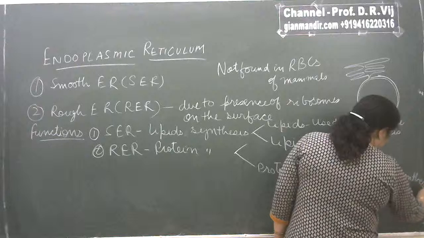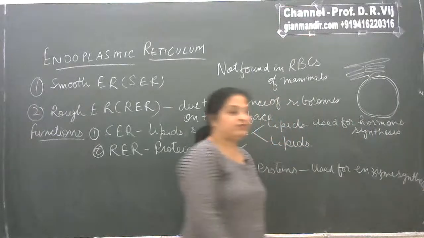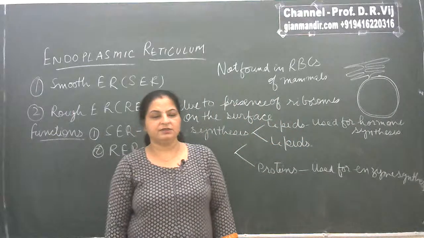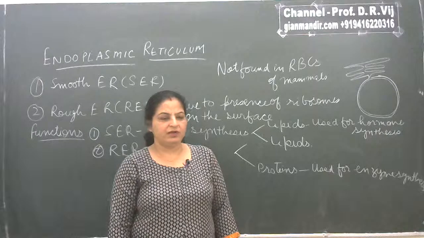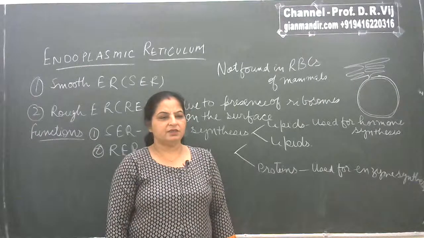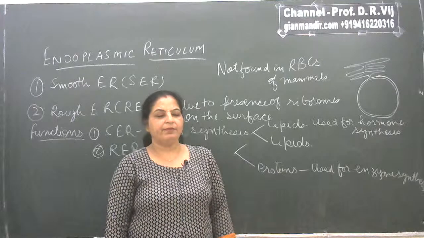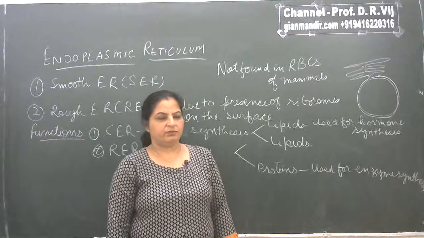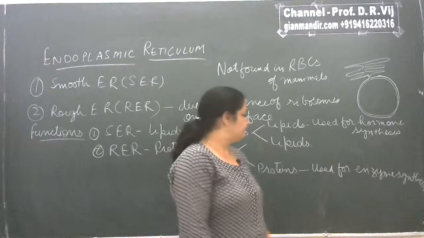And what are enzymes? Enzymes are again important chemical substances found in the body of every living organism, and they are responsible for catalyzing the various biochemical activities taking place in the body of a living organism.